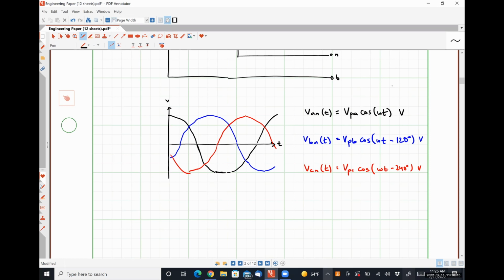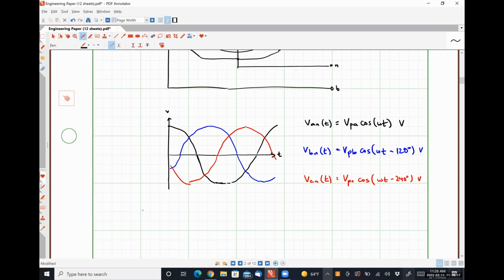So we can actually kind of figure things out a little bit here real quick. Let's say that this is 5 with an angle of 0, and this is 5 with an angle of negative 120, and this is 5 with an angle of negative 240. Add those three together in your calculator real quick.